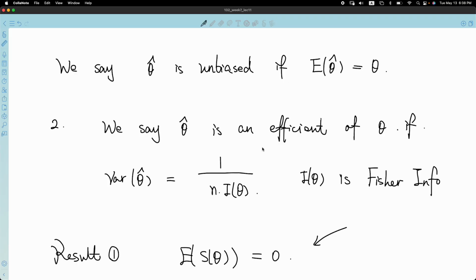I'm not sure. One thing I know is that you can have different unbiased estimators, but for efficient ones, I'm not sure. That's a good thing to think about, but I don't have an answer for that.